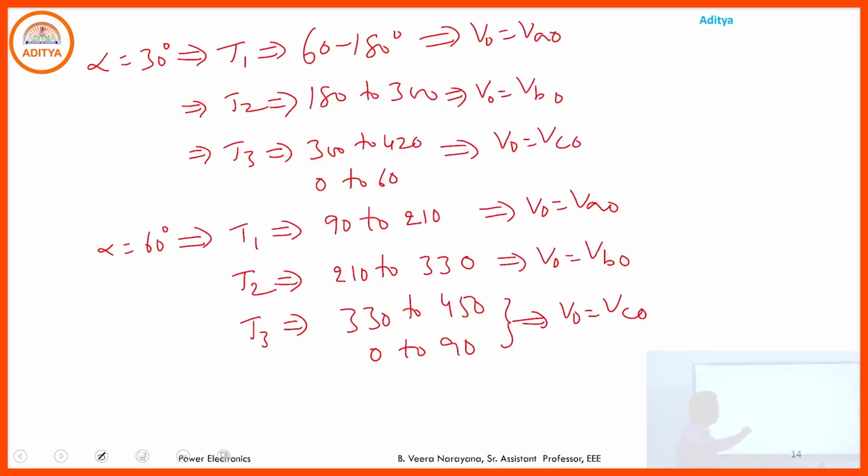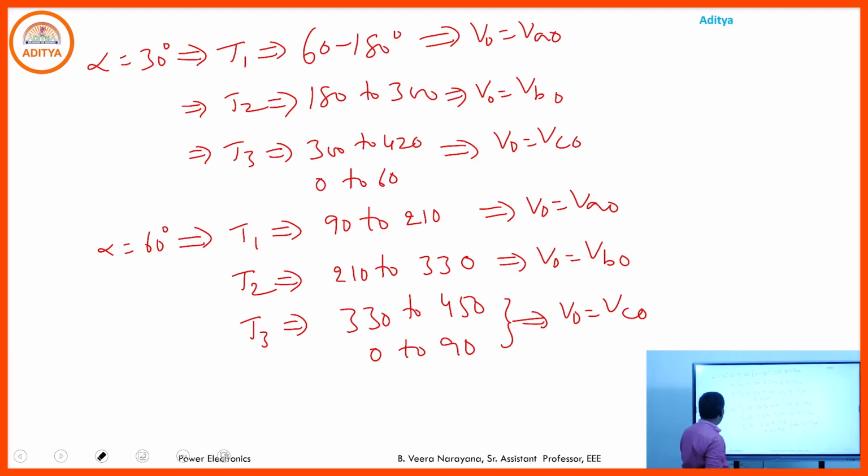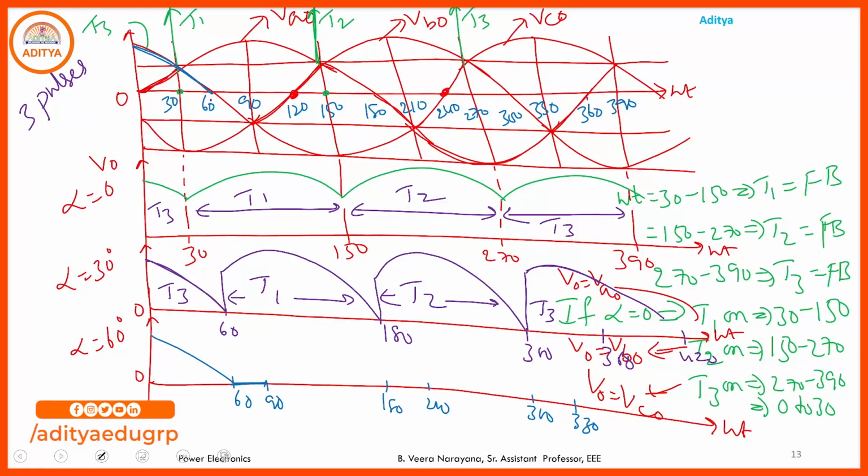Similarly, T1 is on from 90 to 210. You follow VA0, from 90. From 60 to 90 the output voltage is 0, but from 90 up to 180 you have the positive portion of VA0, hence that portion is available across the load.